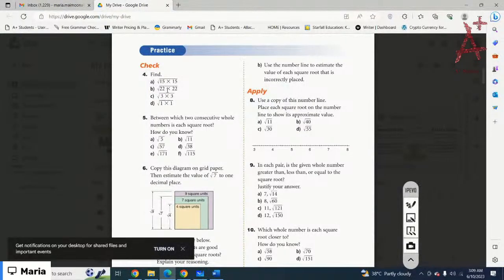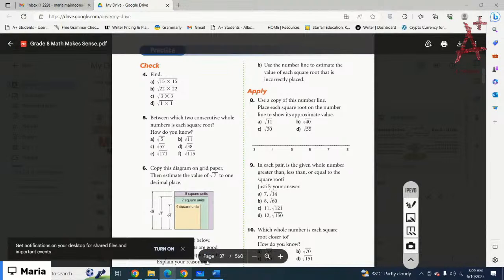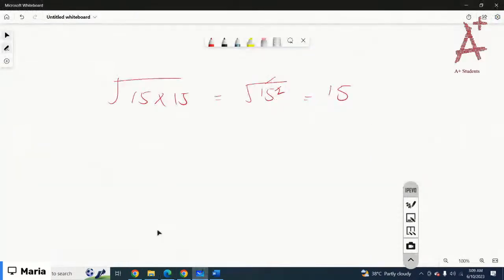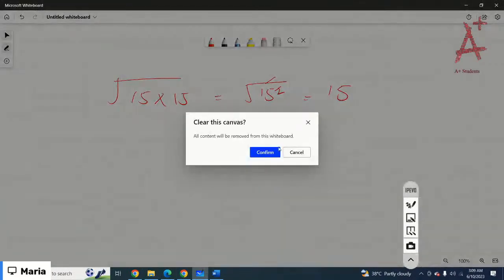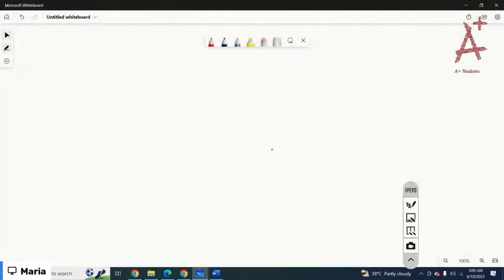Between which two consecutive whole numbers is the square root? How do you know? Let's start with A, square root 5. You have to see between which two consecutive numbers square root 5 lies. The closest perfect square greater than 5 is 9, and 9 is the square of 3.